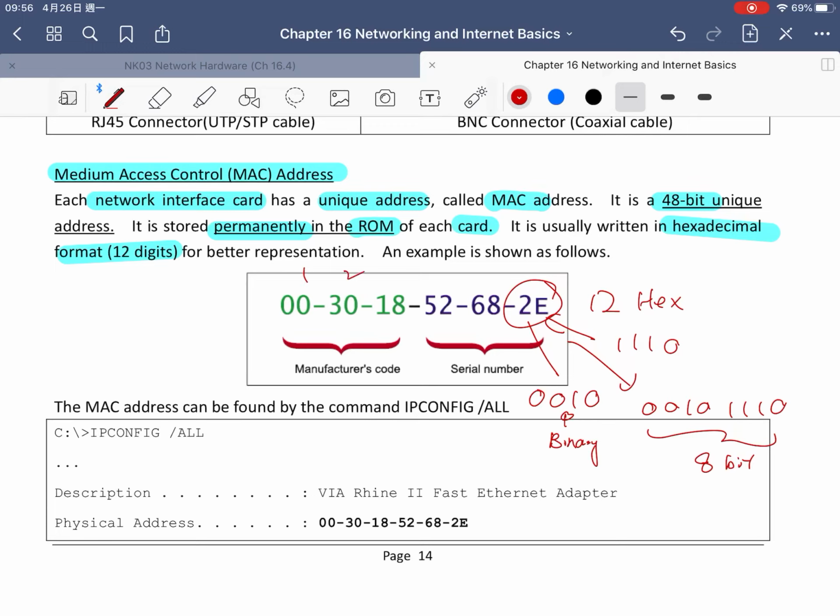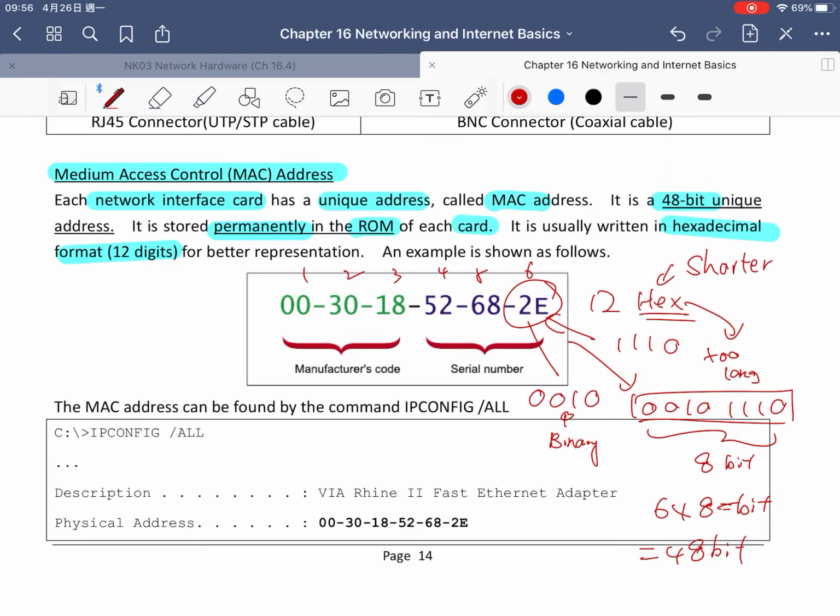So 1, 2, 3, 4, 5, 6 groups. So 6 times 8 bit equals 48 bit. The binary representation is too long, so in MAC address, normally we use hexadecimal to make it shorter. The MAC address is stored in the ROM. It cannot be changed.